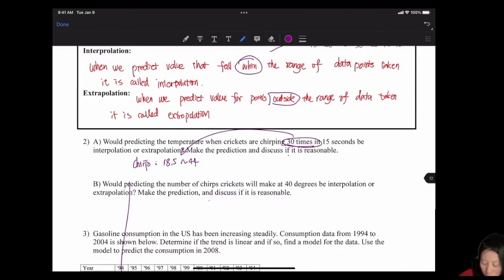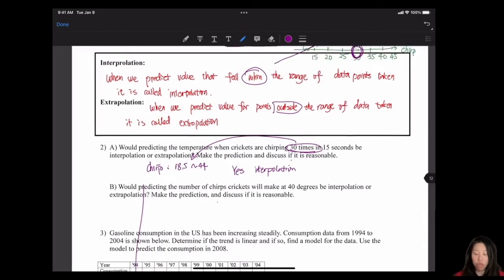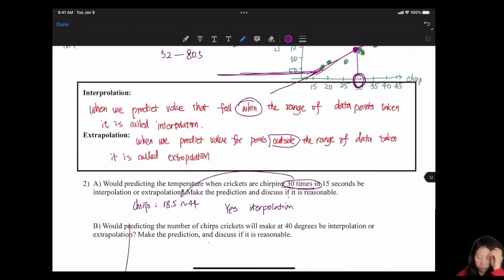Within the range means what? Yes, this is interpolation. When the data is interpolation, that means we can use it to make a prediction. It's going to be reasonable because this is going to fit the model that we just found with GeoGebra.